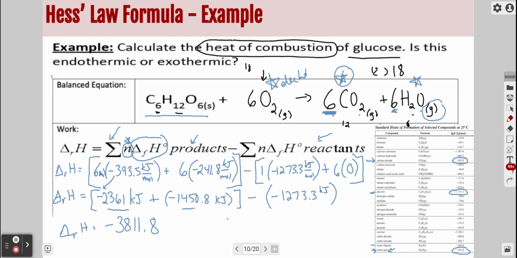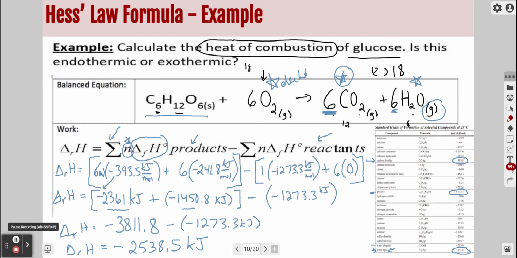And then we have minus negative 1,273, so we subtract our two numbers, keeping in mind one's negative. So we end up with negative 2,538.5 kilojoules. If you are not getting this on your calculator, make sure you go back and try again or get help if it's not working out for you.